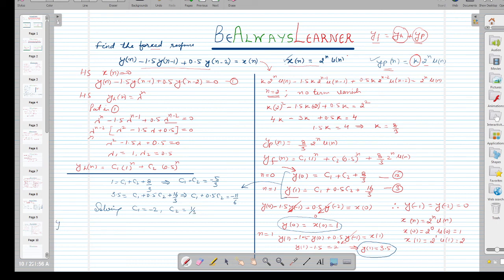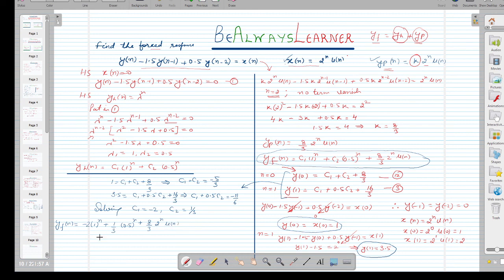Now what we want to find out, the force response. The force response is denoted by yf, and here it is represented. Now from this we can write here that is minus 2, the c1 is minus 2, and multiplied by 1 raised to the power n plus, what is the value of c2, that is 1 by 3, 0.5 raised to the power n plus 8 by 3 2 raised to the power n u[n].